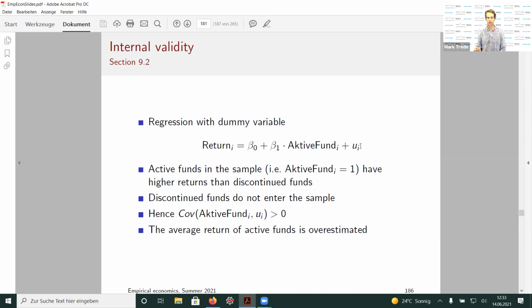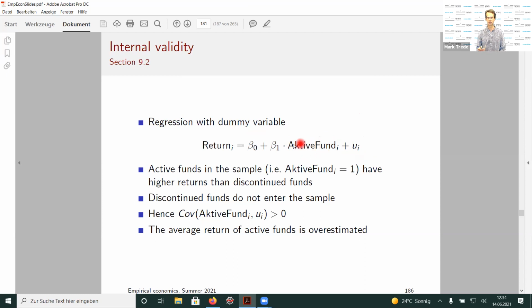So there will be a correlation between this variable here, the active fund variable, and the error term, because the error term will tend to be positive for those funds which are active, so where this variable is 1, and they tend to be negative for those funds where this variable is 0.